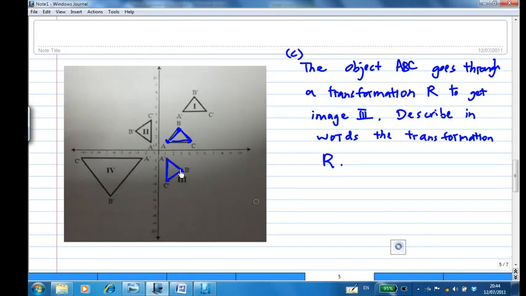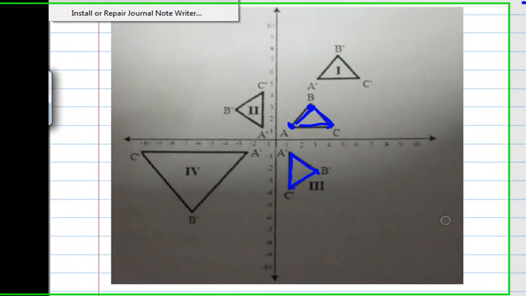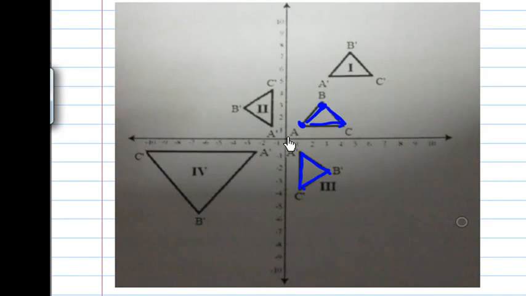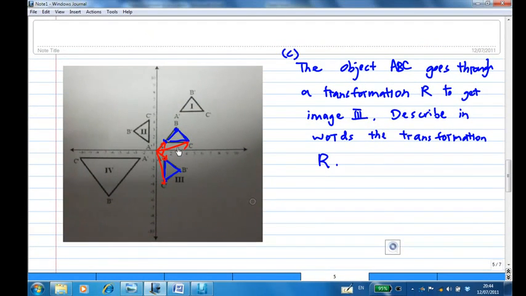This quite inverts the transformation. You can see for yourself that this is again a rotation of 90 degrees. For example, C rotates 90 degrees to C prime. So this R is a rotation 90 degrees clockwise about origin.